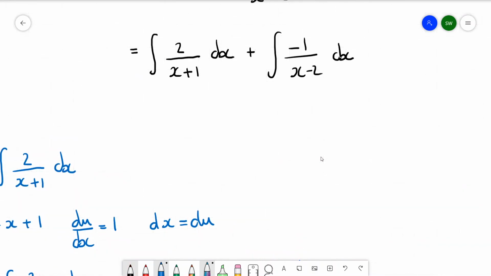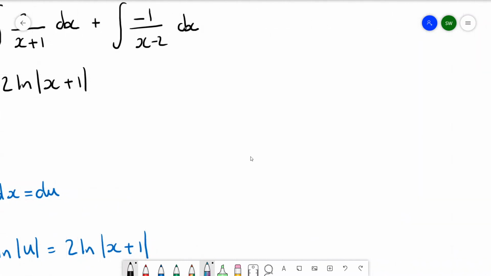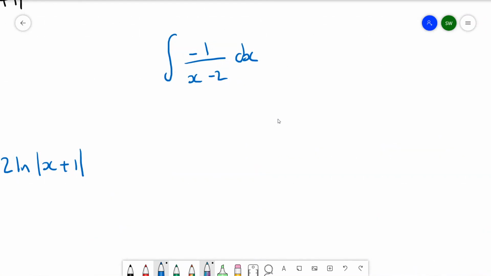So we can replace this with 2 natural log of x plus 1, and we can do a similar thing with this integral. We want to work out the integral of minus 1 over x minus 2 dx, and we're going to let u be x minus 2, so that means that we're going to get du equals dx again.